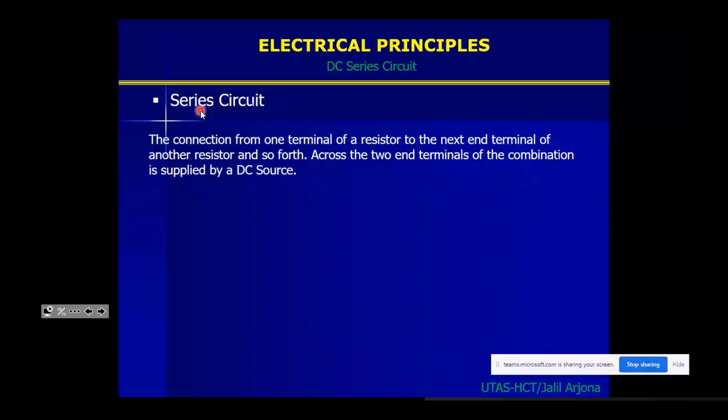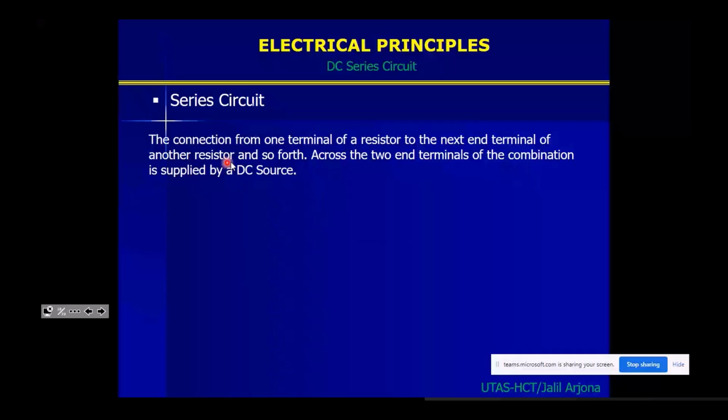Without considering anything, only the word series. What does it mean? In one line. It means the resistors in one line. Correct. It's not only about resistors. It is about aligning in a single and sequential manner. That's the meaning of it.